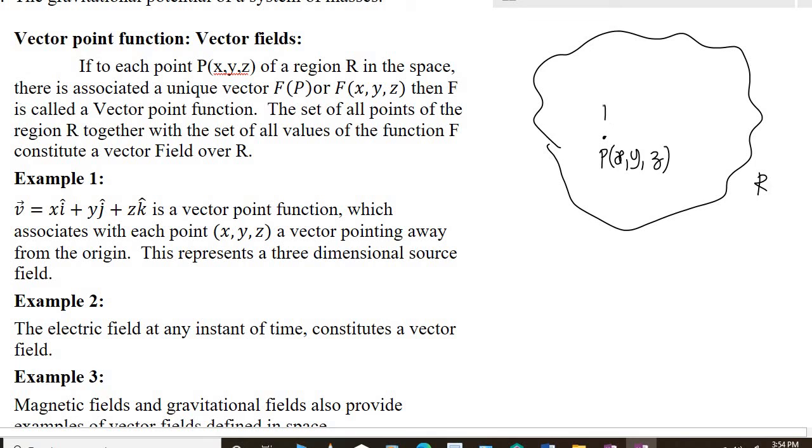Corresponding to this point, if there exists a unique vector f of P or f of x, y, z, then this f is called vector point function. The set of all points of the region R together with the set of all values of function f constitute a vector field over capital R.